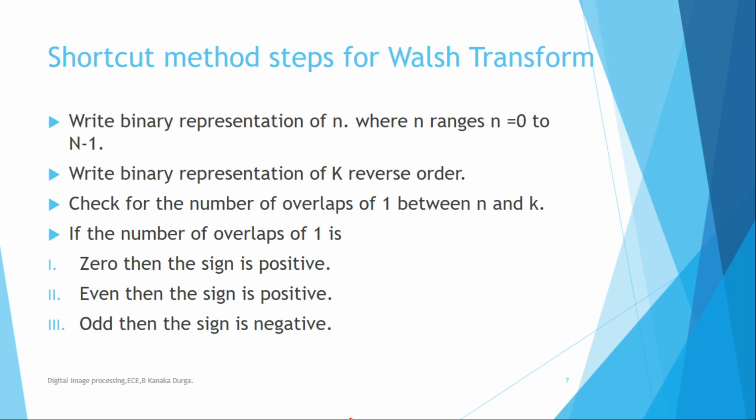If the number of overlaps is odd, like 1 or 3, the resultant value is minus 1. The basis function is represented in terms of plus 1 and minus 1 only, so the result is plus 1 or minus 1, decided by the number of overlaps. If the overlaps are 0, it is plus 1. If even, plus 1. If odd, minus 1.